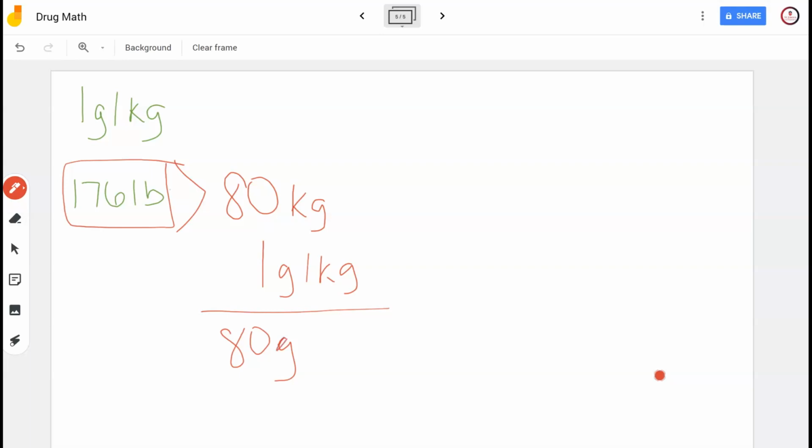If the question asked for milligrams, you could then convert it. It would be 80,000 milligrams. That help?